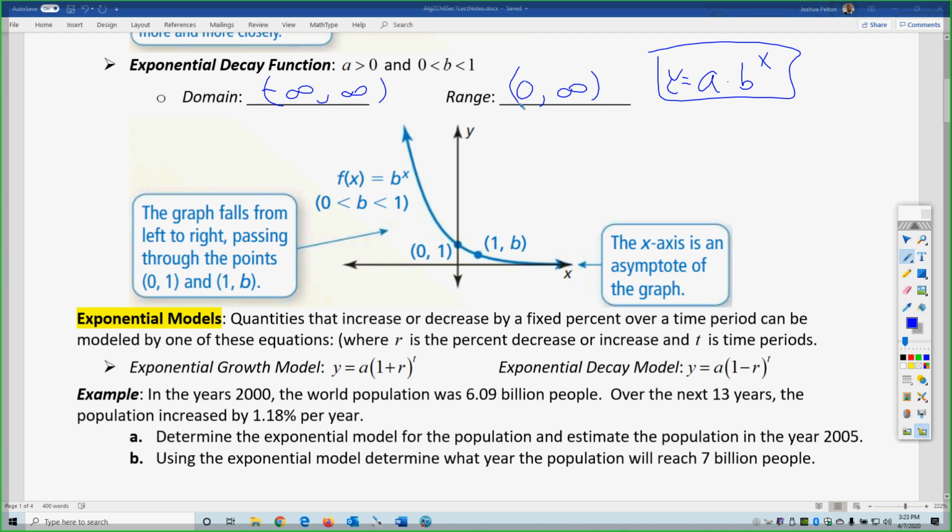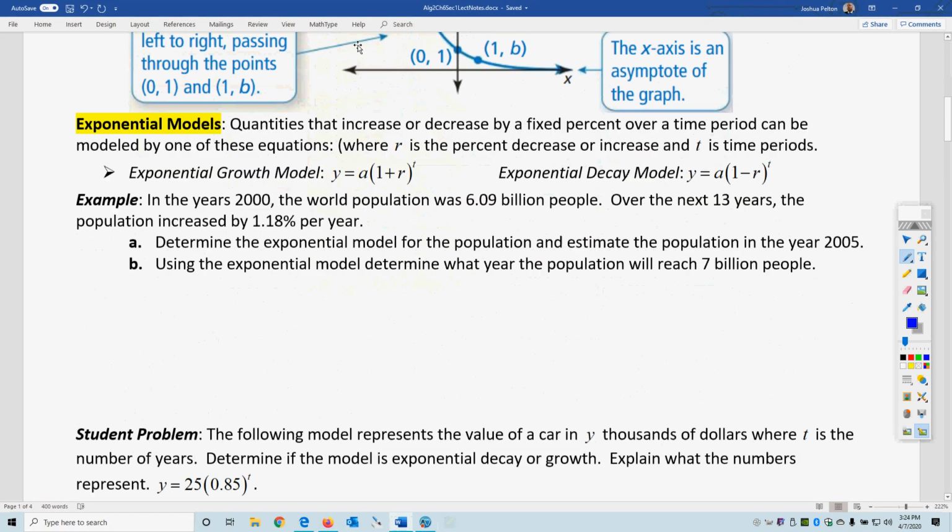There are 3 basic formulas for exponential models we're going to do in this chapter. This being the very basic one, which does not involve any compounds whatsoever. So throughout the whole chapter, if you don't have any compounds, this would be the formula for you. So this is just a generic one.